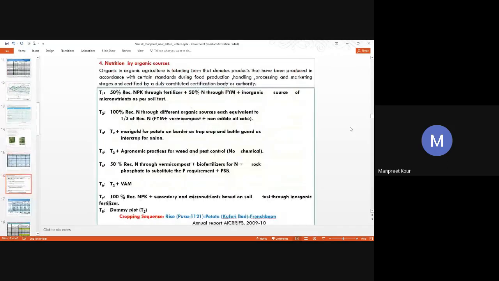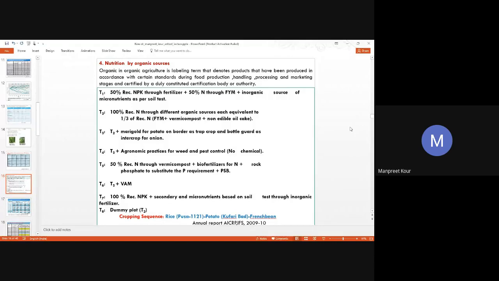Now, the next slide is about nutrient management by organic sources. This is another alternative to conventional inorganic sources, and this trial was conducted in ECRIP IFS. Here we have taken 8 treatments. In T2, we gave 100% organic sources to our field, using farmyard manure, vermicompost, and non-edible oil cake.